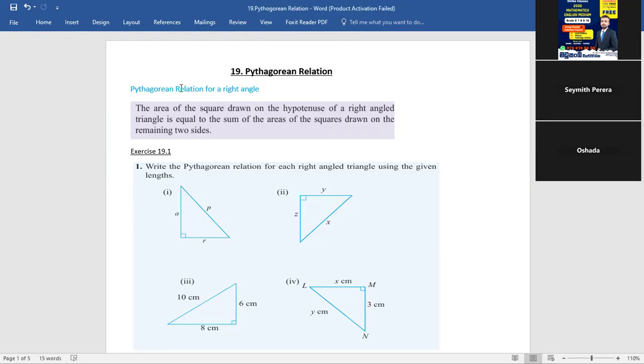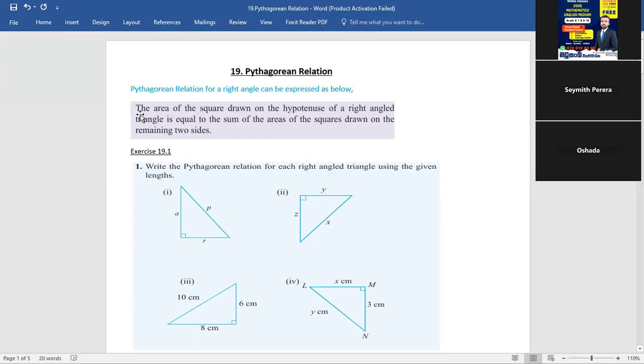So this is how we are going to express the Pythagorean relation. So please write this: the Pythagorean relation for a right angle can be expressed as below.